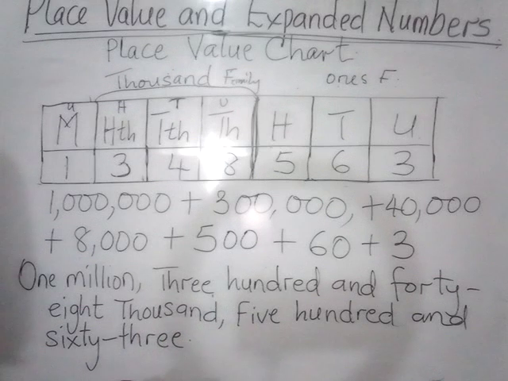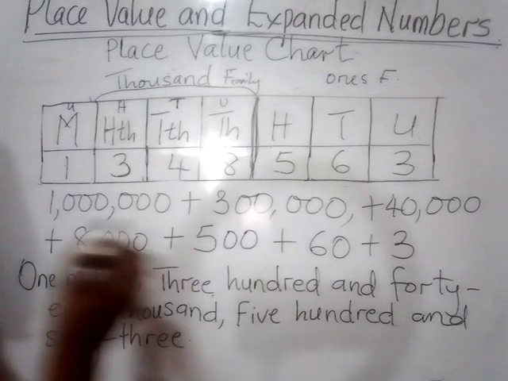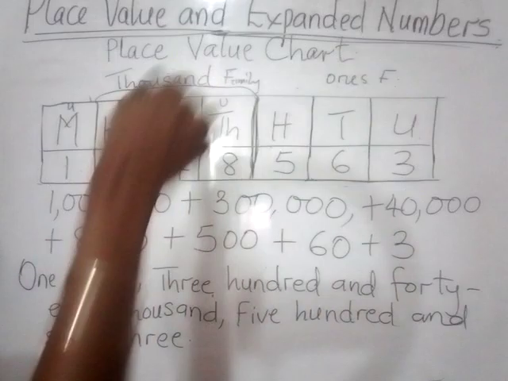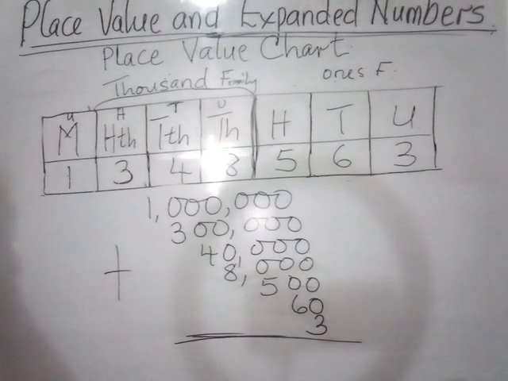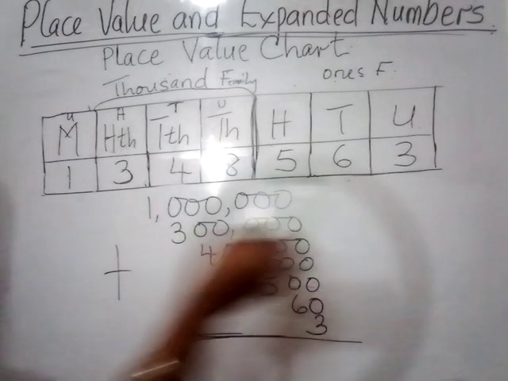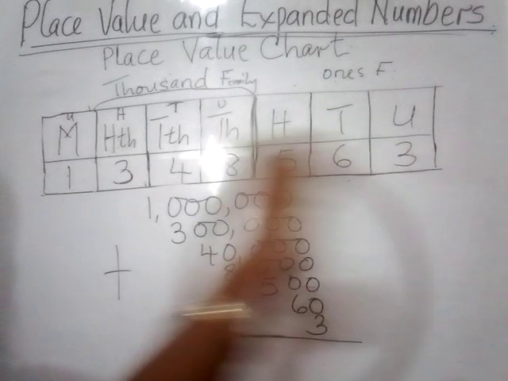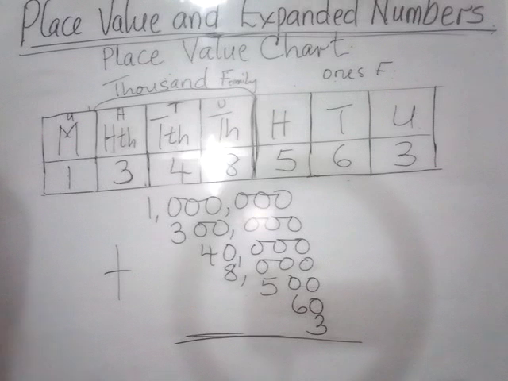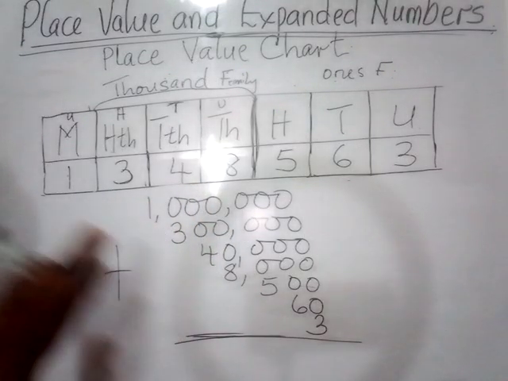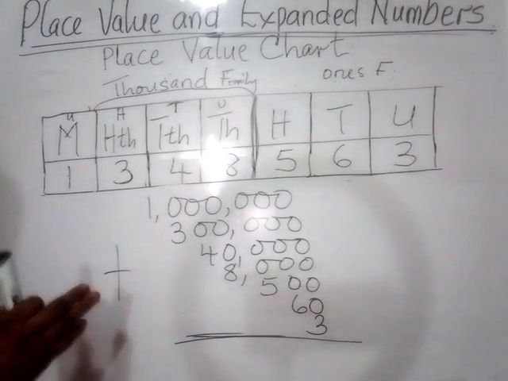Now I want to show us quickly how we can convert a number in the expanded form to the standard form. Now, remember when we wrote our expanded form, we wrote it out in a horizontal way until we got to the last digit. Now, with that arrangement, you can also convert your number to a standard form.